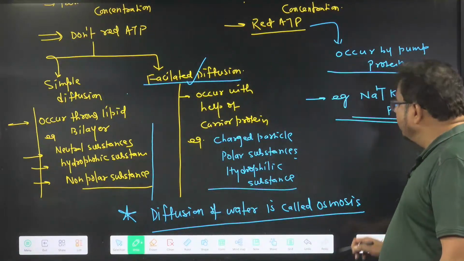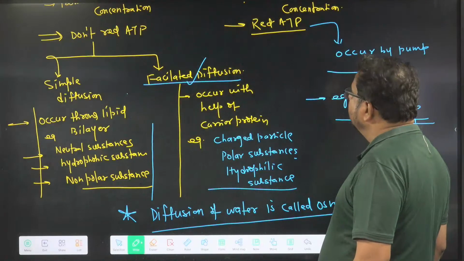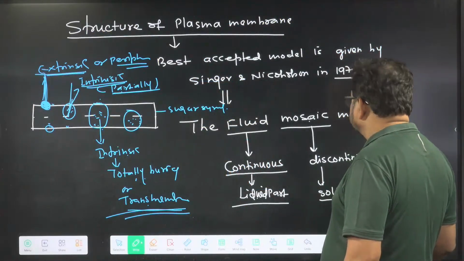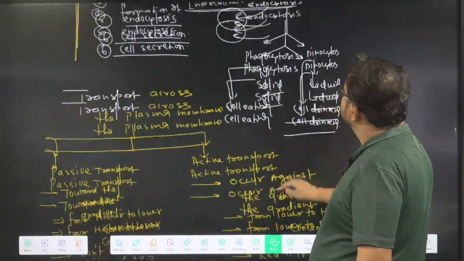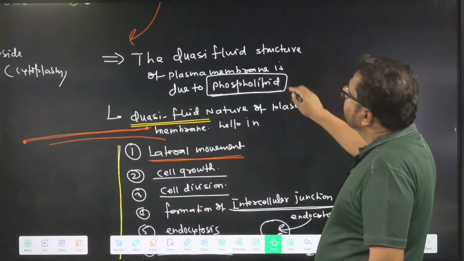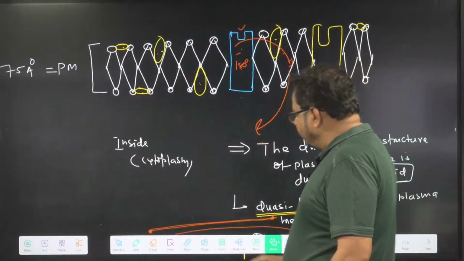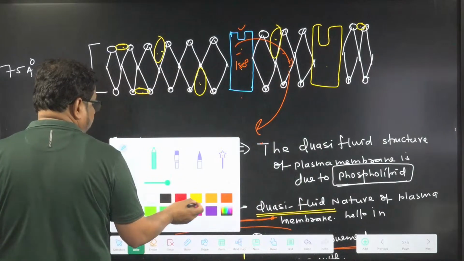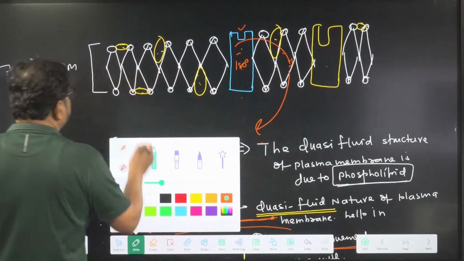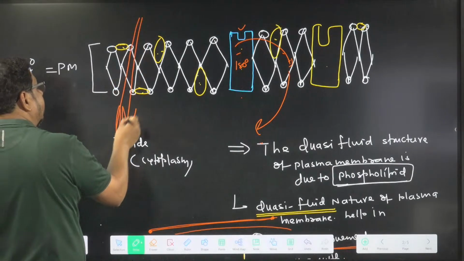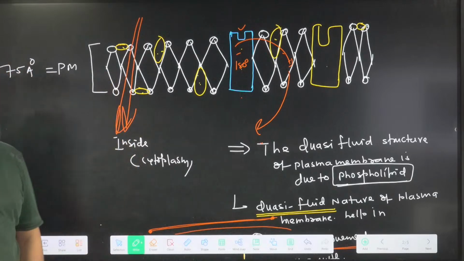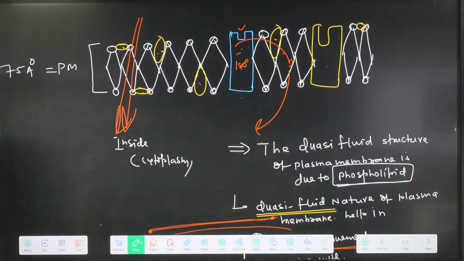Look here. Now I am asking a question based on the diagram. Tell me, when anything moves from high to low concentration like this, which kind of transport is it?